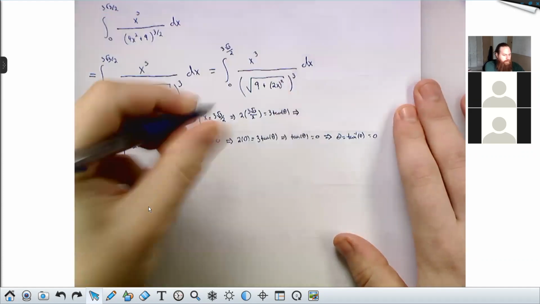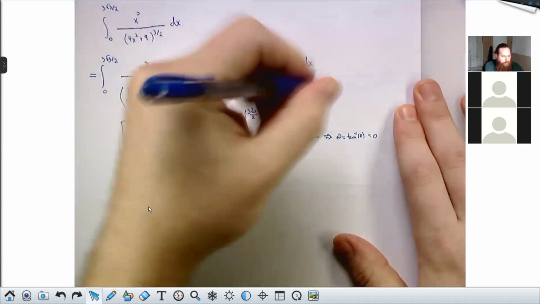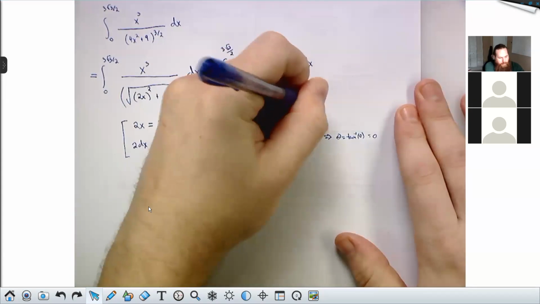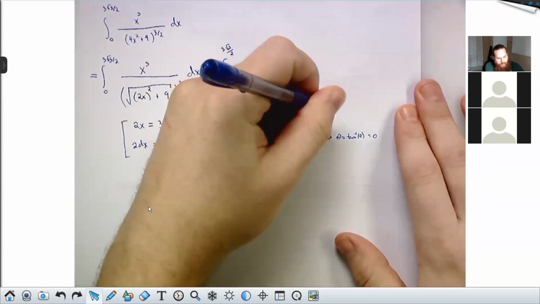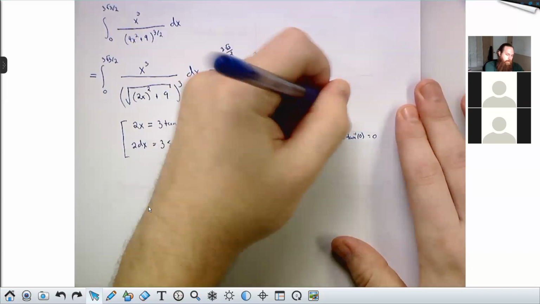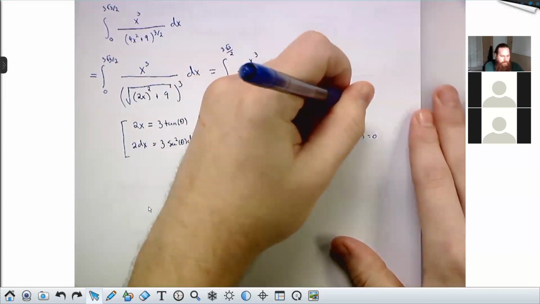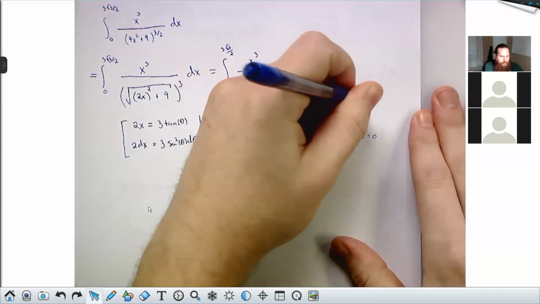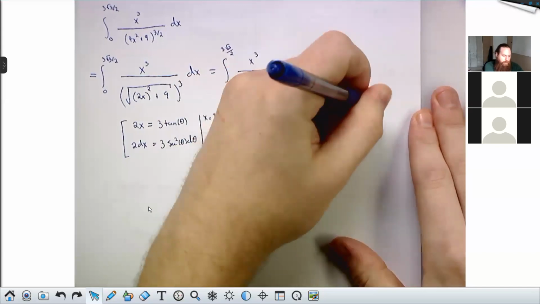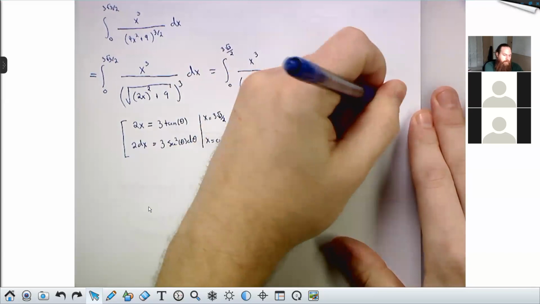So that's the same as saying tan theta equals the square root of 3. Which means theta is the inverse tangent of root 3, which is pi over 3.